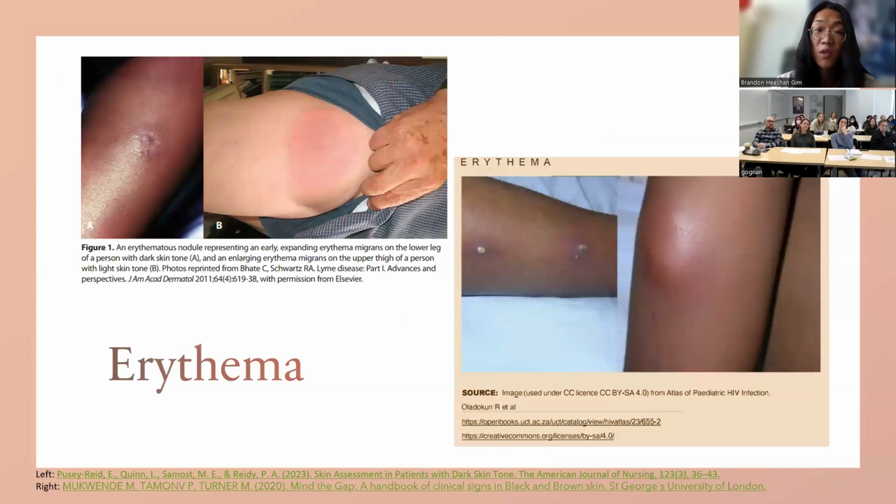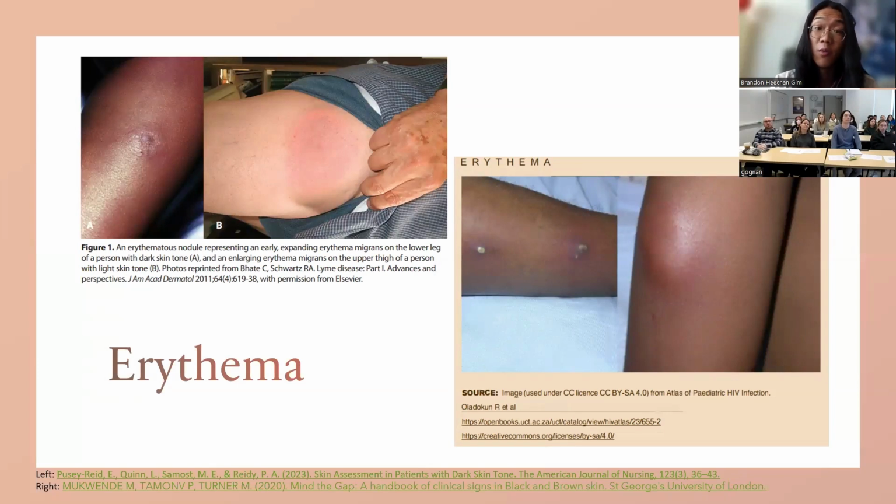So in these pictures, we see some erythema. The top left picture is the same condition, just on folks of different skin tone. As you can see, the person with the lighter skin tone has some redness there, and the person with a darker skin tone does not. Since I can't really hear the audio from y'all super well, I'll just talk about some things that are different for these folks.